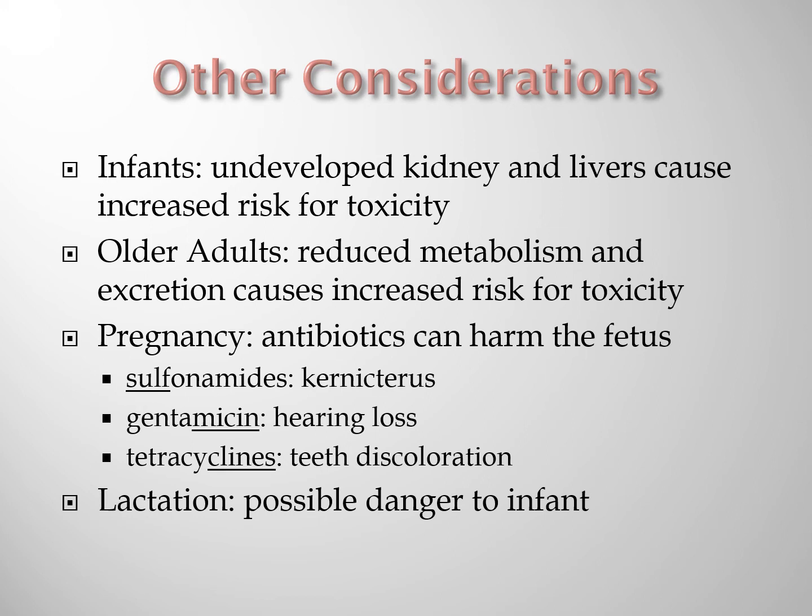In the third trimester of pregnancy, sulfa can lead to hemolysis, which is red blood cell breakdown, which can lead to high levels of bilirubin in the infant. And high levels of bilirubin can lead to brain damage called kernicterus.